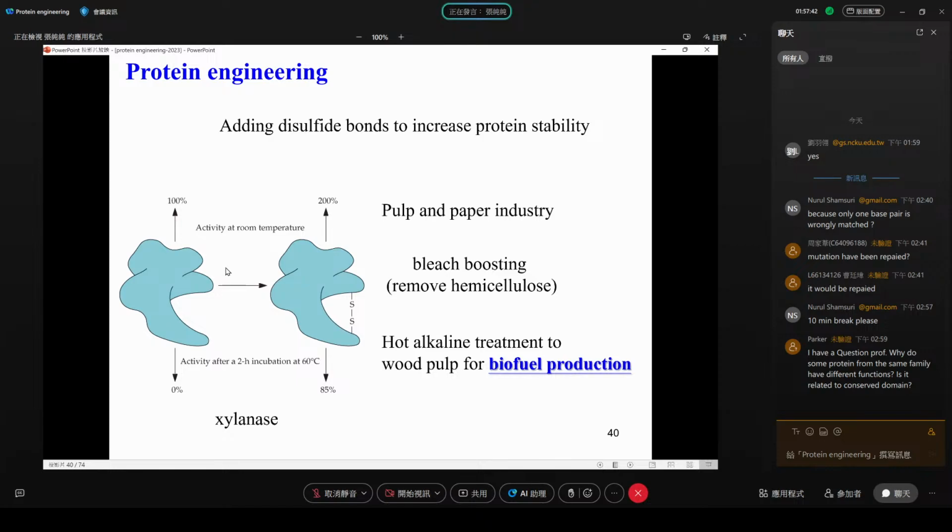Okay, so you will increase the disulfide bonds for this condition. For the native enzyme at 60 degrees, no one can survive. And because of the disulfide bond, even if you work at room temperature, their activity is much better than the native protein. So they all rely on this kind of knowledge we learned in biochemistry.